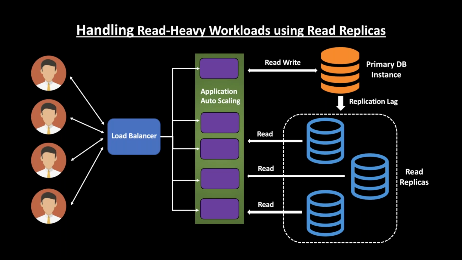And all the read workload can be handled by the read replica. So if your application is read heavy, you can have multiple threads running and they can read from the read replica. That's one of the ways in which you can handle read heavy workloads.